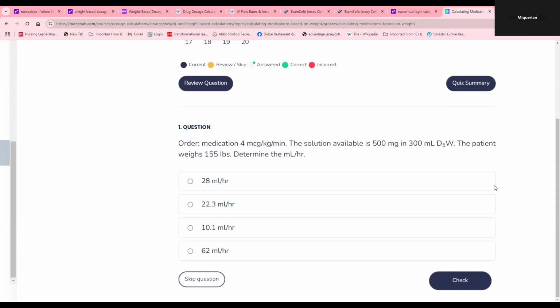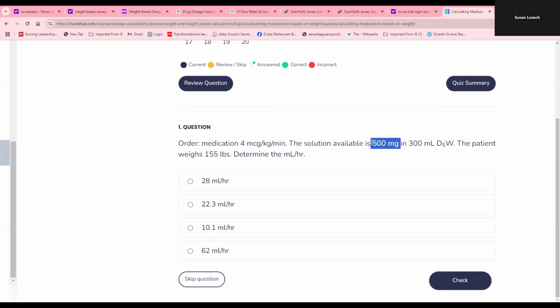Multiply it times 4. So now you know that you're giving 281.81 micrograms per minute. But what you have on hand here is milligrams. So your next step is to convert this micrograms per minute to milligrams per minute.